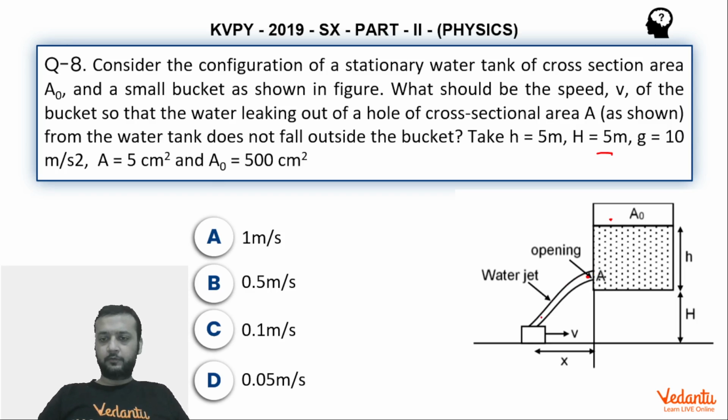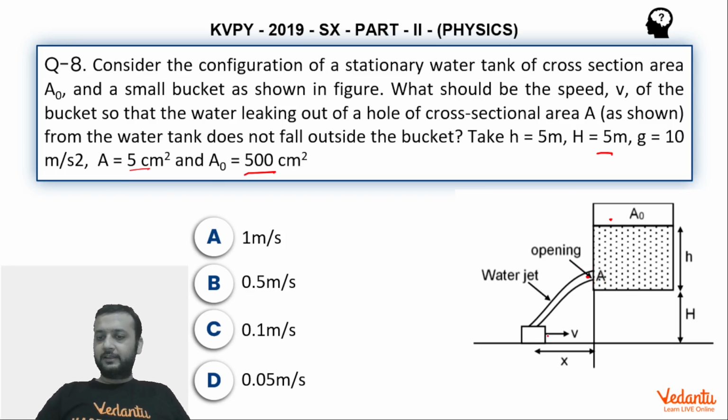Water will come out of this and fall on a bucket, and we need to find the velocity of the bucket on the ground so that the water that falls down always strikes this bucket. The cross section area A naught is given as 500 centimeters square, and the area A is given as 5 centimeters square. Gravity is 10.